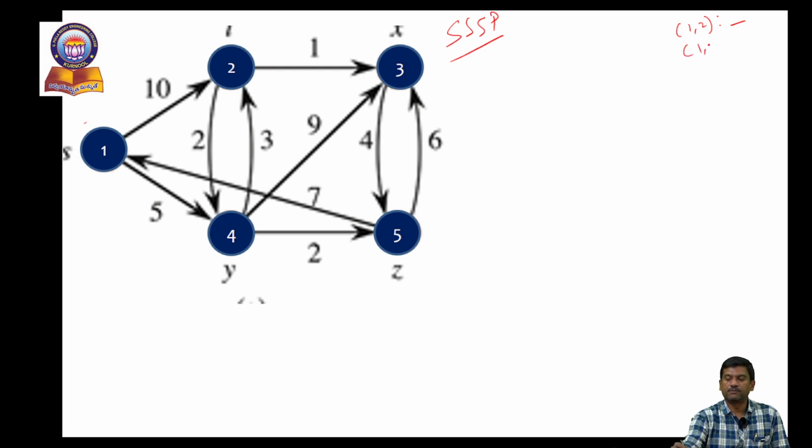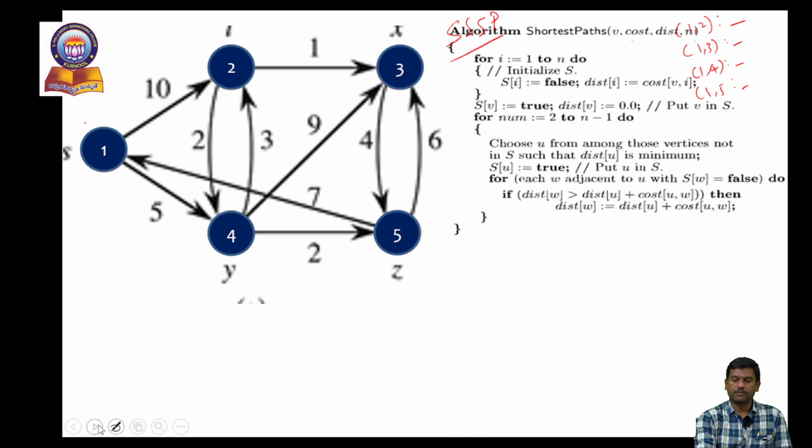Similarly, from 1 to reach 3, from 1 to reach 4, from 1 to reach 5, what is the shortest distance that we can reach among the various paths available? That is the single source shortest path problem, and this can be solved using Dijkstra's algorithm, based upon the algorithm explained in your previous part.